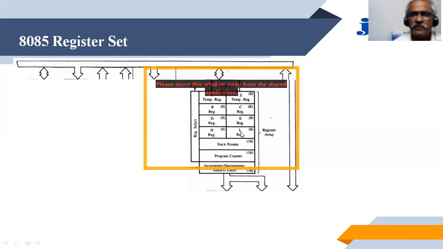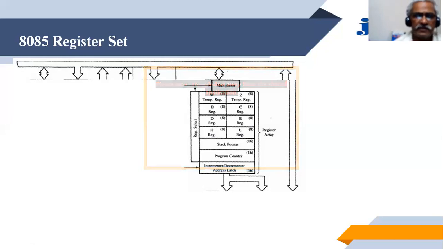HL likewise can be used in pair as 16 bits, holding a 16-bit value, that is the address, or individually as register H and register L.